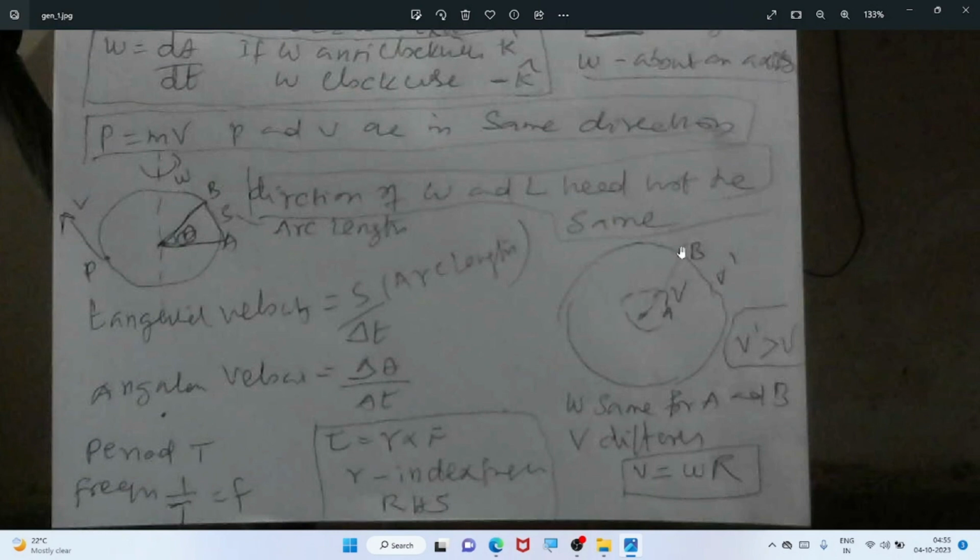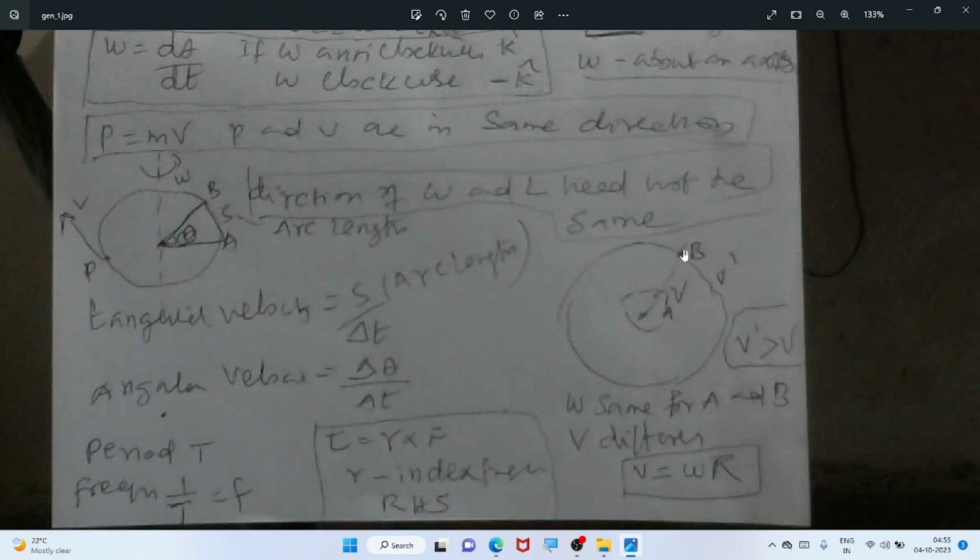But the distance is covered in the same time. If this distance is covered in, let us say, 1 second, this distance is also covered in 1 second; only the distance varies. Within 1 second this point covers more distance than this point.